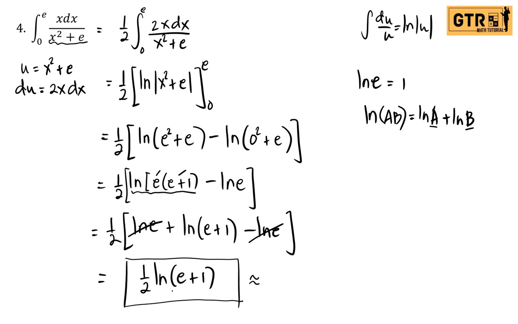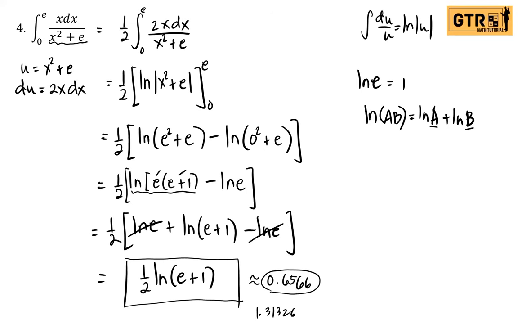The value of ln of e plus 1 in your calculator is approximately 1.31326, and then we have 1/2 here, so divide by 2. The approximate answer, to 4 decimal places, is 0.6566. So the exact answer is 1/2 ln of e plus 1, which is approximately equal to 0.6566.